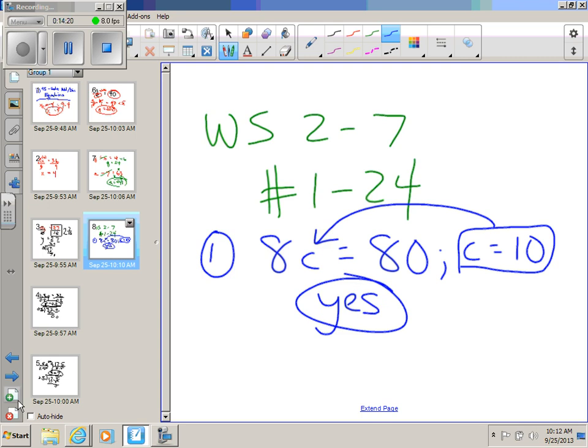The second part of those directions says then check each solution. That'll be up to you to make sure you check it. A lot of people prefer the multiplication and division equations to the addition and subtraction. Easier to work with, easier to check. So please don't get careless.